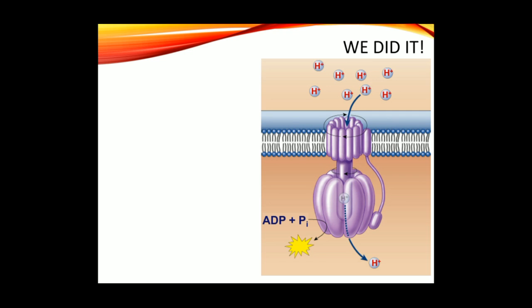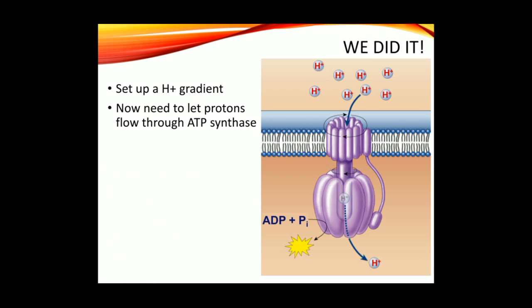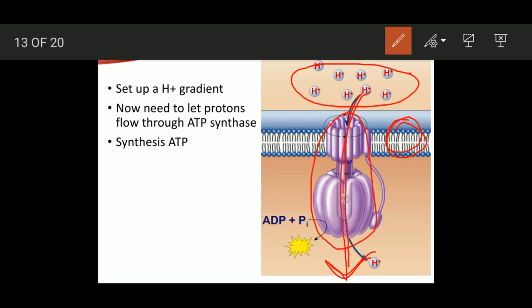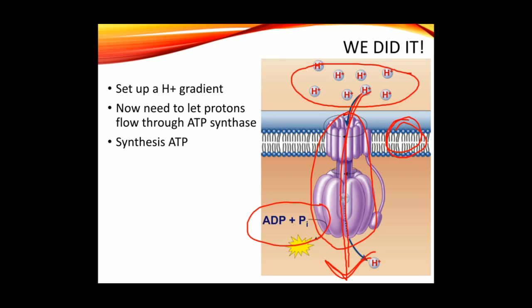Now let's see how the ATPs are generated. As we have already mentioned, in the intermembranous space the H plus concentration is increased. Now it has to be passed to the matrix, but the inner membrane is impermeable, so it requires the ATP synthase complex, and then through the complex the H plus travels to the matrix, and with that it releases energy that helps in the phosphorylation of ADP, and thus releases ATP, our required product, the energy.